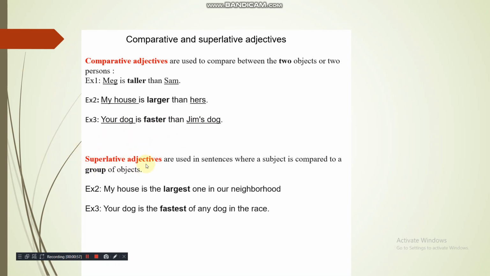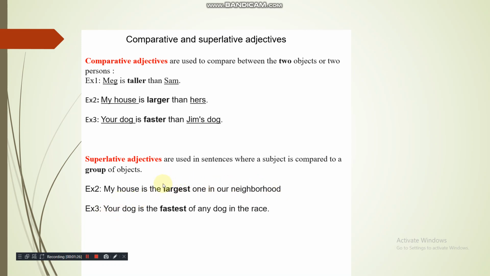Now, superlative adjectives. Superlative adjectives are used in sentences where a subject is compared to a group of objects. Example, my house is the largest one in our neighborhood. So we compared the house with all other houses in the neighborhood.